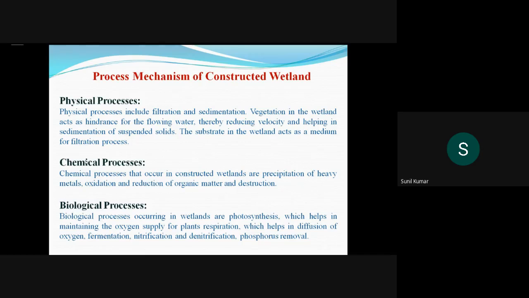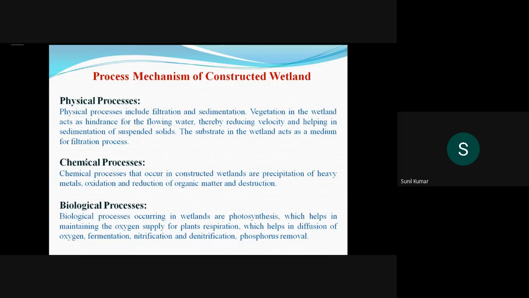Whereas in the subsurface flow wetland, the substrate material present in the wetland acts as a filtration media. Not only does it act as a filtration media, it gives a hold fast for the microorganisms to grow. That is the advantage of this.